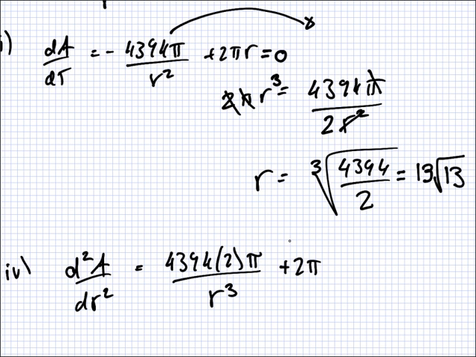Guys, is that right? Just type it in the calculator and tell me what you get. It's 13 root 13. Okay. Right, this is positive, therefore minimum.